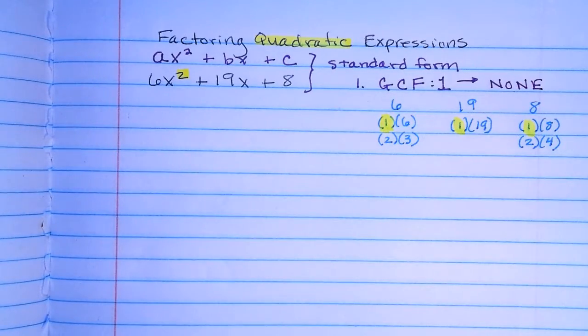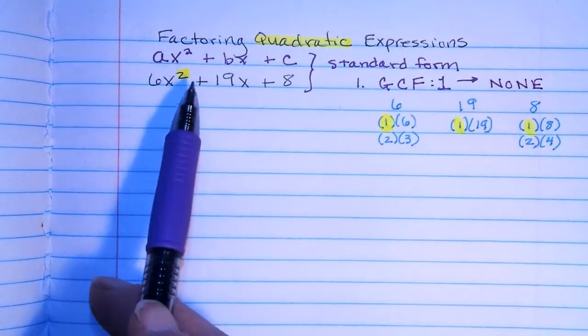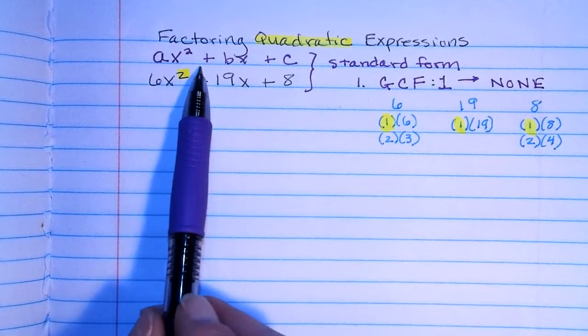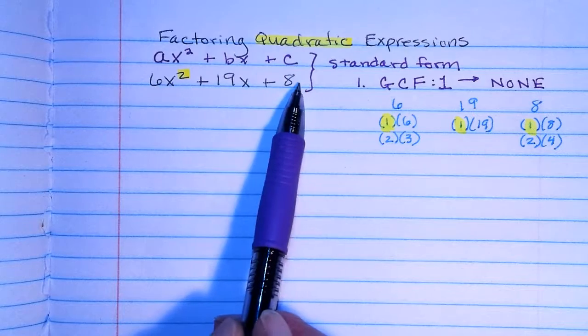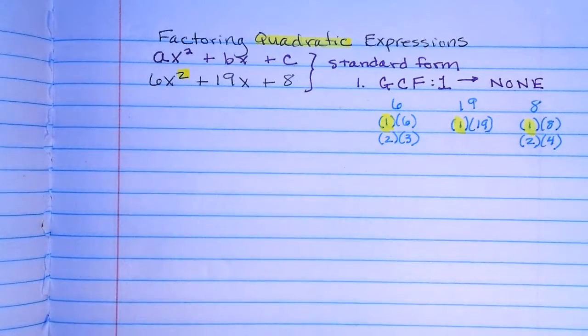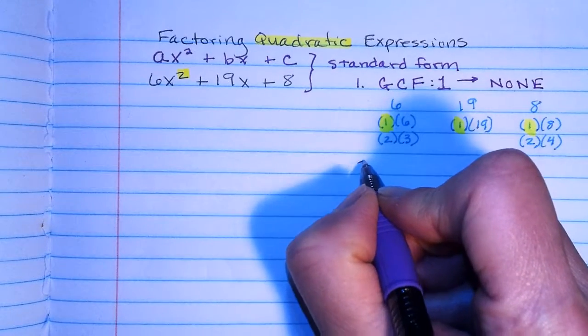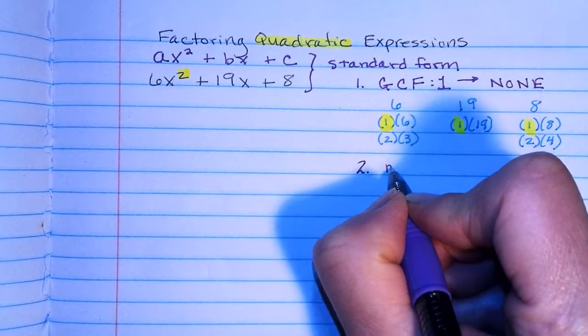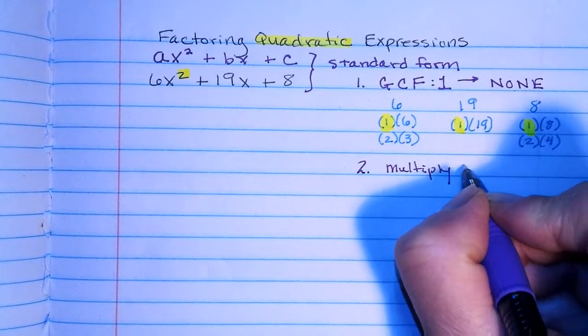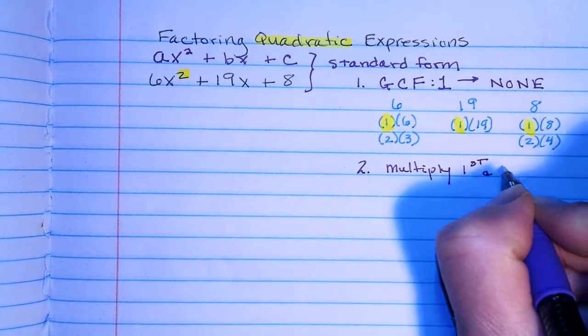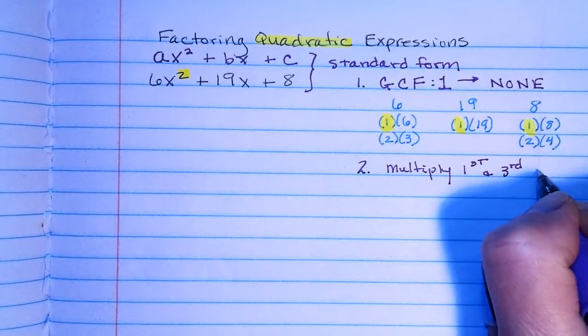So I'm not going to factor anything out of these three terms. And because it's a quadratic, I have x squared, I have x, but there's no x here, so I cannot factor out an x. So step 2 then would be I'm going to multiply the first and third terms.